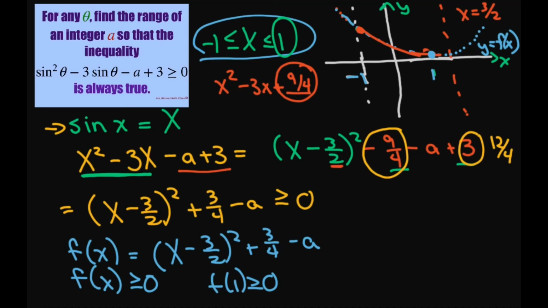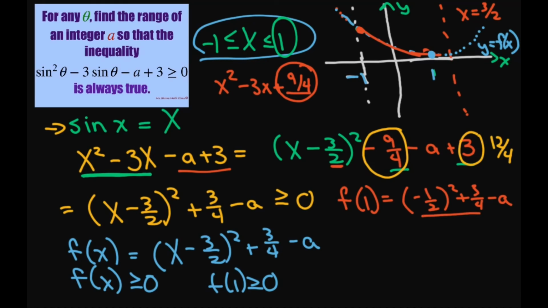So let's do that. We have f of 1 equals, and then we're going to solve for a. This would equal 1 minus 3/2, which is -1/2 squared plus 3/4 minus a.